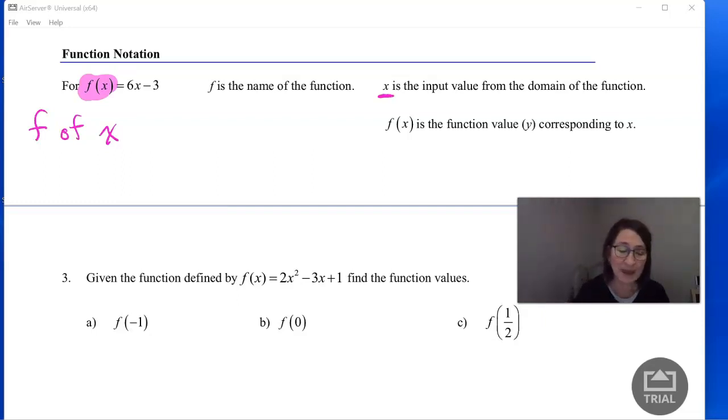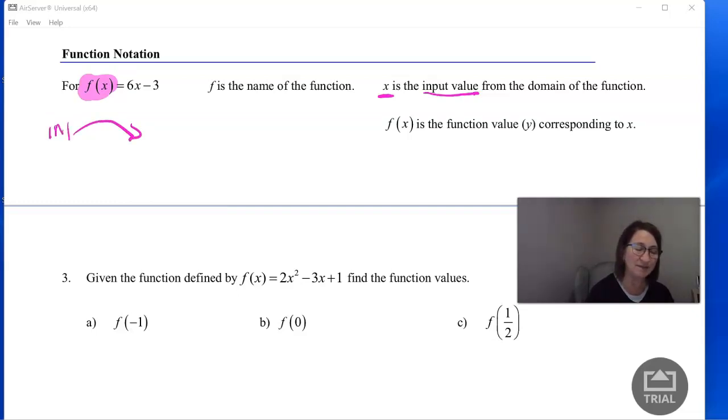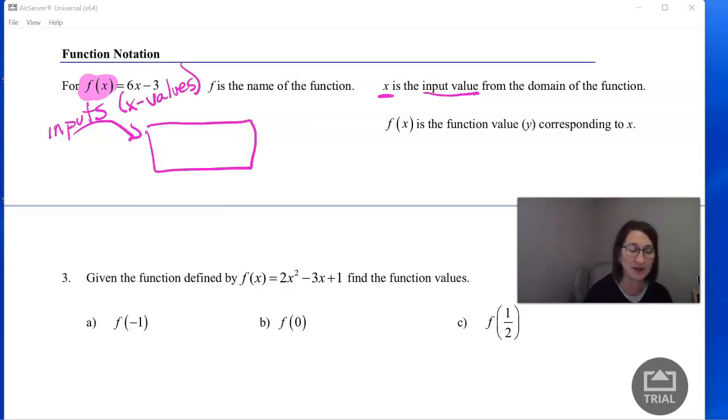X is the input value of the domain. So what we've got here is your inputs, and your inputs are always your X values or your domain. That is going to go inside, and then you're going to have a rule.